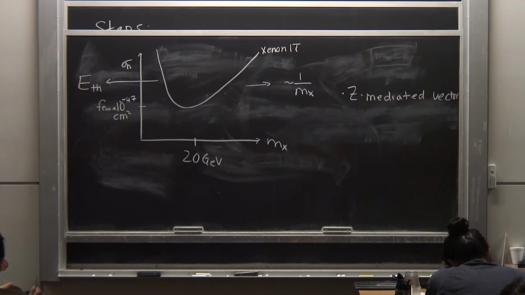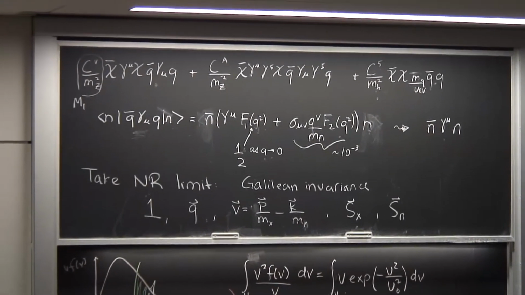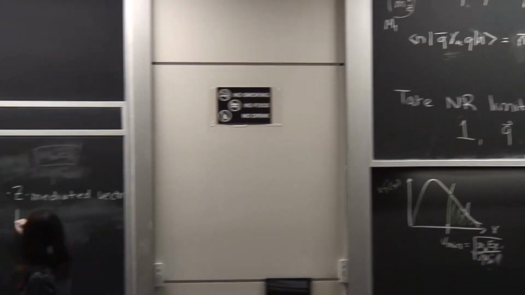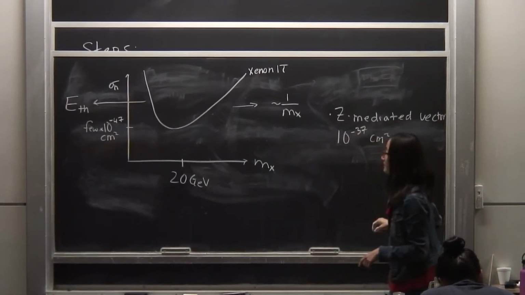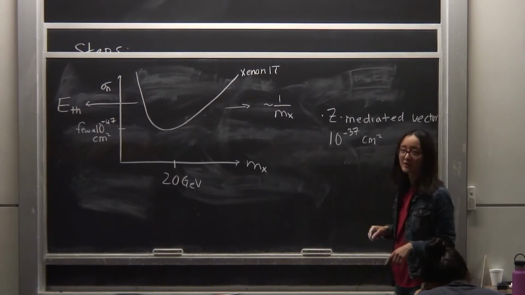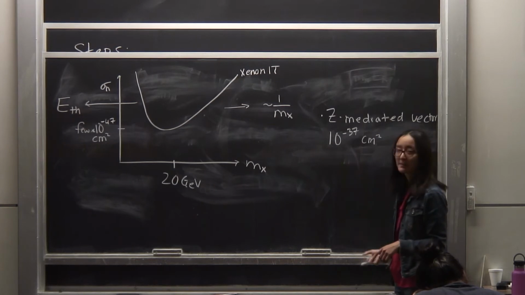And that's just the first operator above. And if I just set C, V up there to be order 1, or at least put in some gauge couplings, this is going to be around 10 to the minus 37 centimeters squared. So already 10 orders of magnitude above the current limit, or the best current limit.